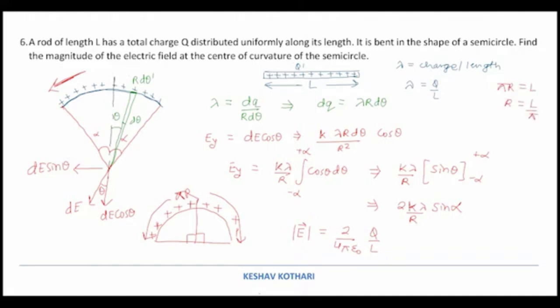So over here we are writing r as L by pi, and sine 90 degrees is 1. So if we put all the values correctly, we get q upon 2 epsilon naught L square. So this is the answer for this particular question.